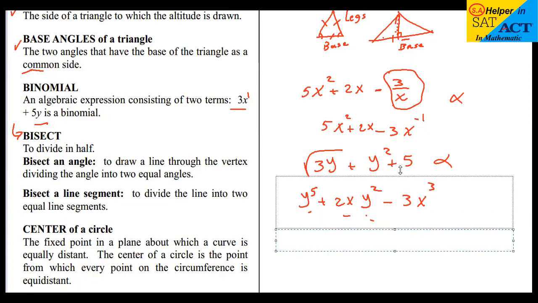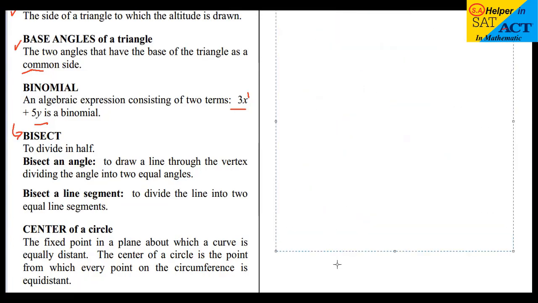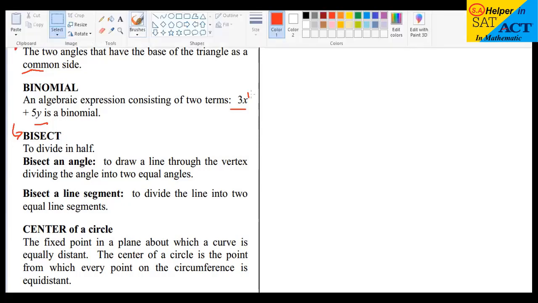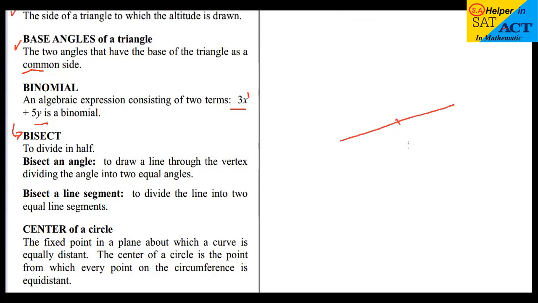The word bisect means to cut in the middle. Let's see together. If I have a line and the point is called A, A is the bisector point for CB. If a line, whatever it is called, just a line AB, passes through the midpoint of CD, then line AB is called the bisector of CD.